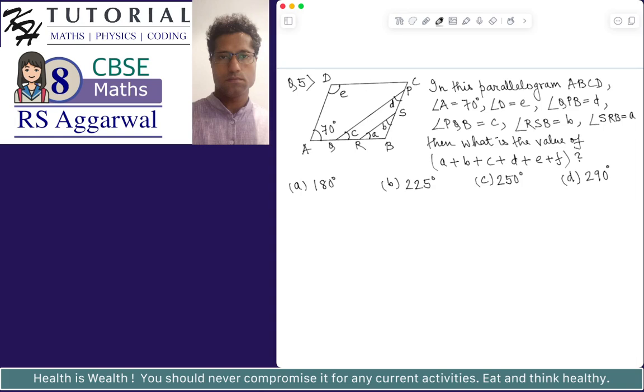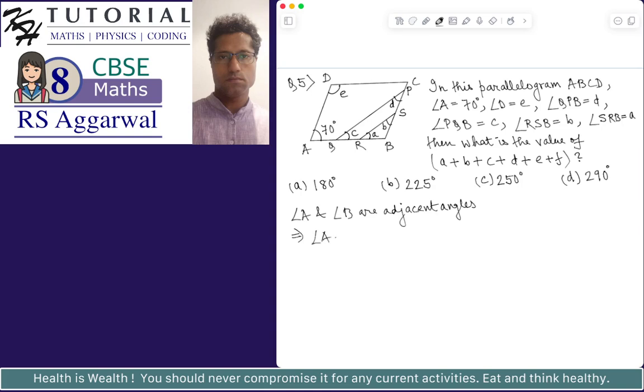So angle A and angle B are adjacent angles. And since ABCD is a parallelogram, we know that in a parallelogram the sum of every pair of adjacent angles is equal to 180 degrees.